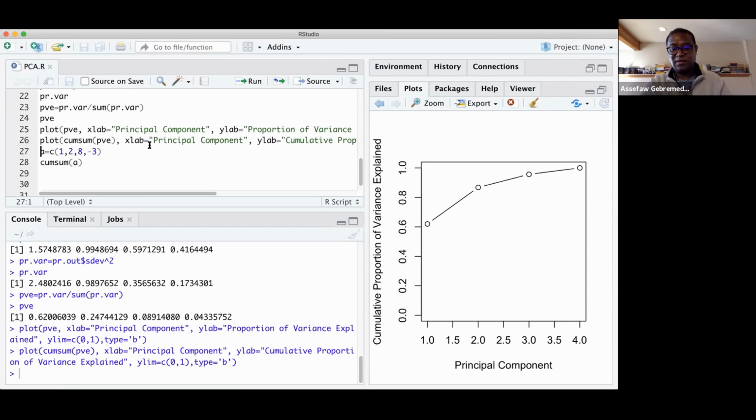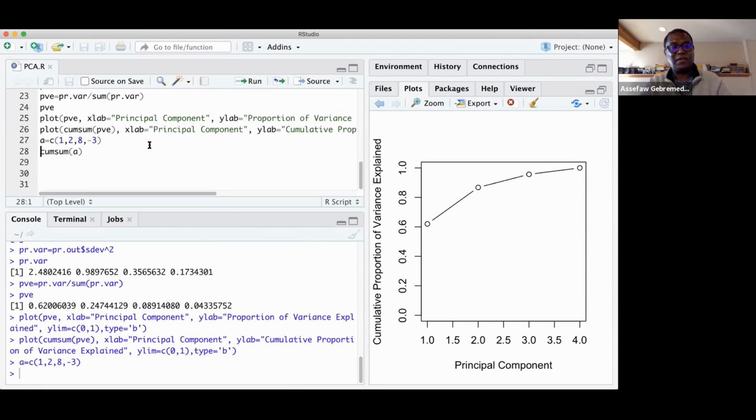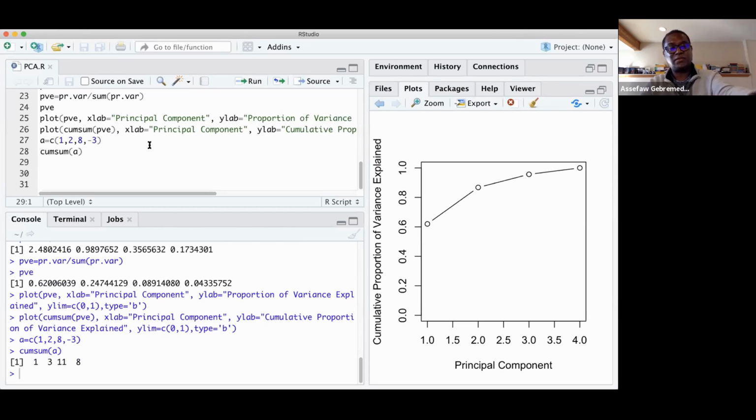This is just a little R footnote for you to see what cum sum does. So if I have 1 to 8 and minus 3, if this was the vector I have, then the cum sum will give me a value like this. So the first one is a 1, then the next one is a 3. This is just a reminder for you to show you what it looks like when you do just the standard plot, PVE, or when you do the cumulative sum.